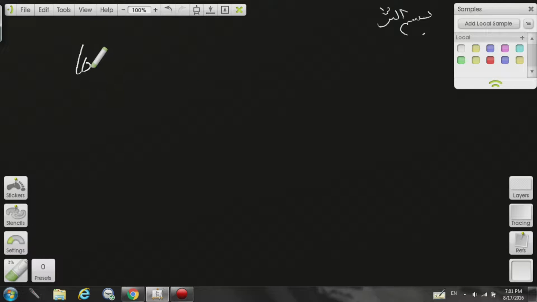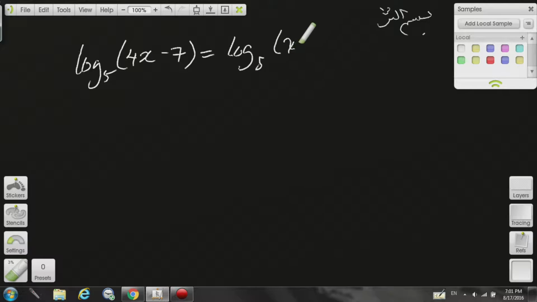Okay, here's another example. Let's see what you think about this. Log base 5 of 4x minus 7 equals log base 5 of x plus 5. Okay, so log of this equals log of that. Now what does that say?